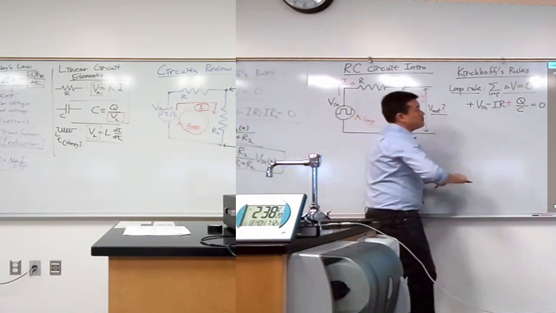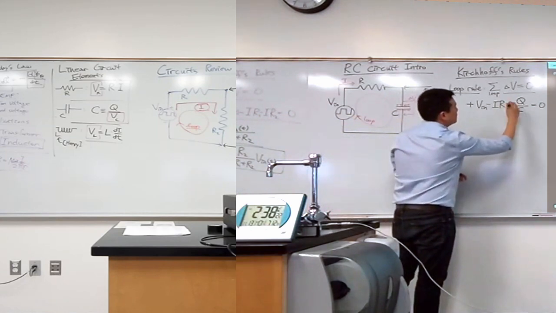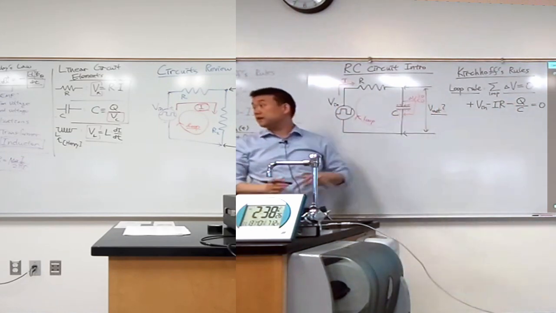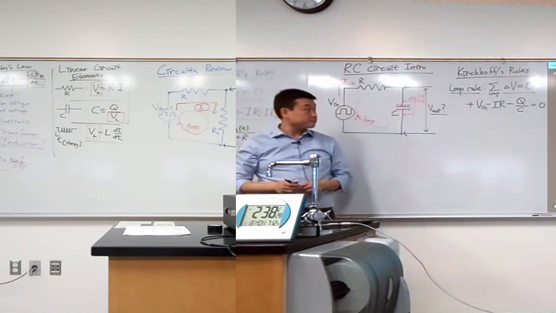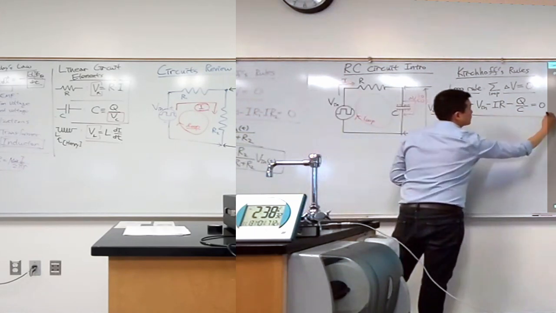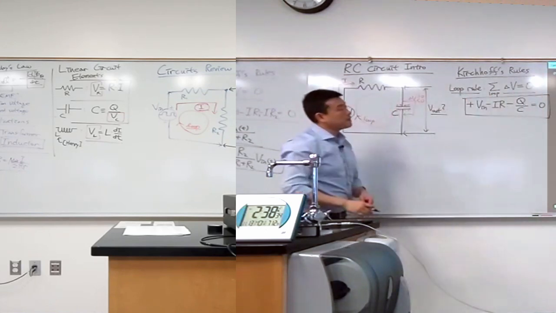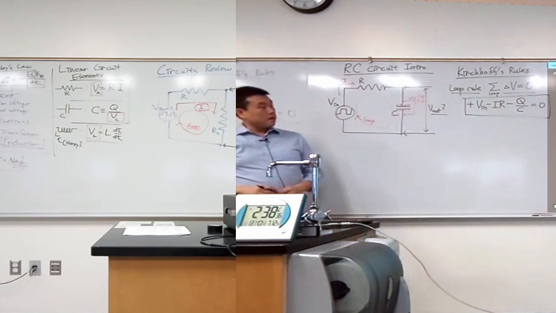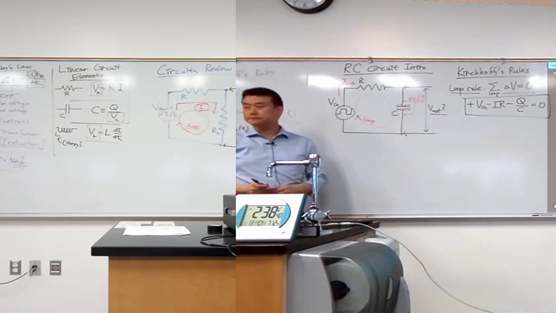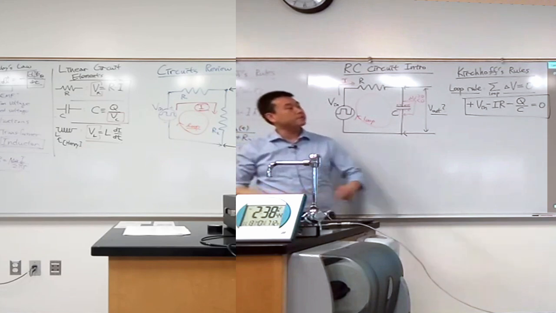So let me make the sign here negative, so that if everything's as expected, my Q is positive. This is my equation. How many unknowns do we have in this equation? Because at some point, I'd like to be able to solve this.